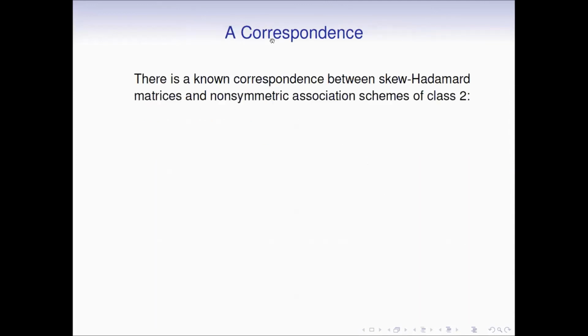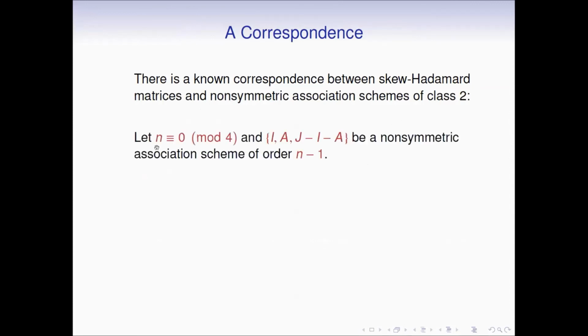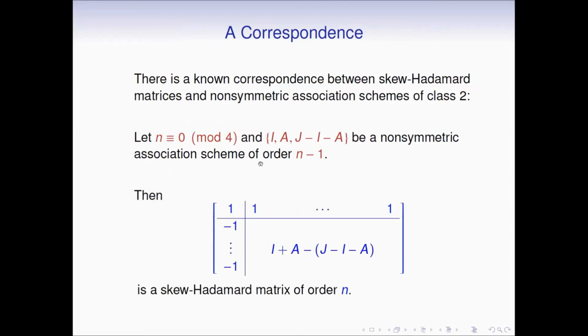Here is a correspondence between Skew-Hadamard matrices and non-symmetric association schemes of class 2. It says that if n is an integer multiple of 4, and we have a non-symmetric association scheme of order n minus 1, then from this scheme we can find the Skew-Hadamard matrix.